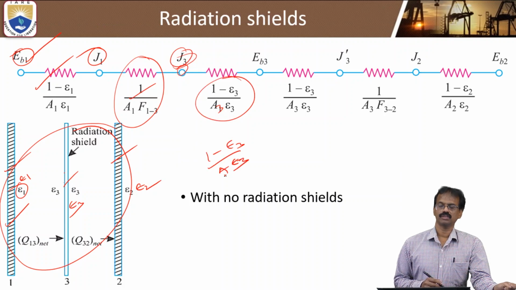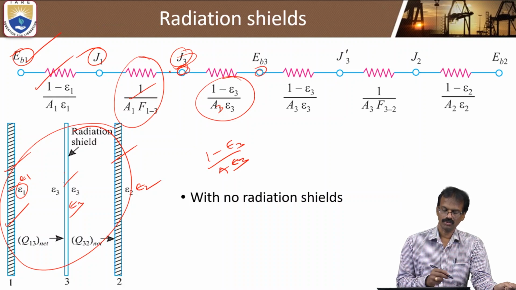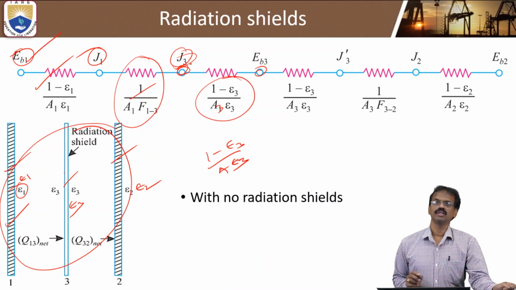So this is Eb1, next the resistance, next the radiosity. The space resistance between J1 and J3 is 1 by A1 F13.